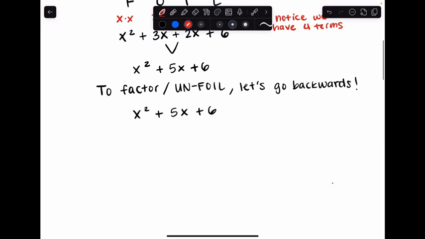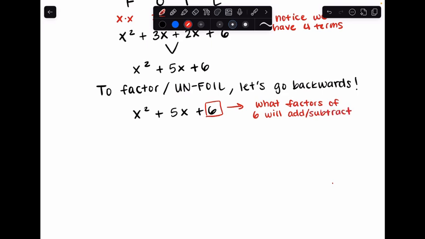When you do this, you're going to look at your constant term, or the term that just has a number. Typically, it's the last one. And you're going to ask yourself this: what factors of 6 will add or subtract to give you the middle term, to equal 5, which is our middle term right here?